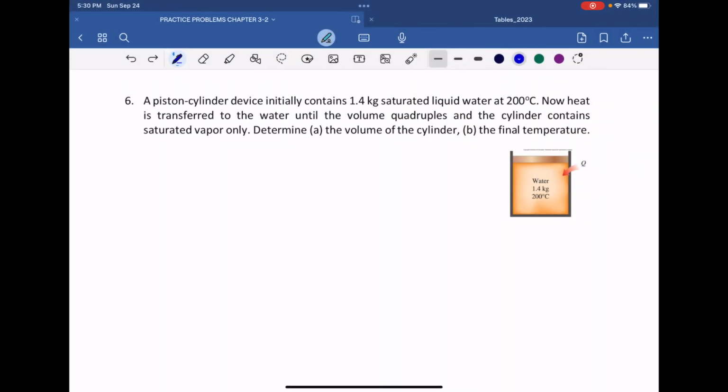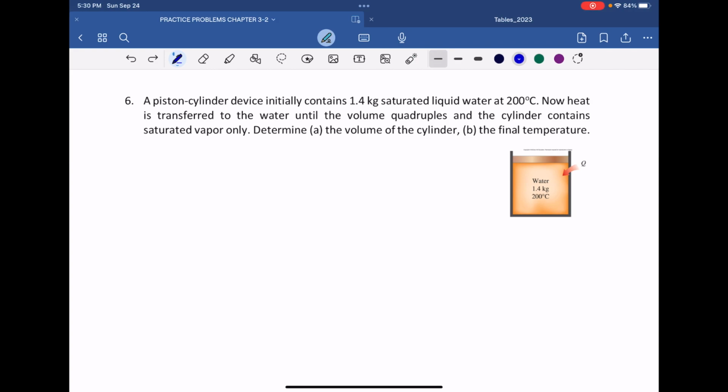Okay, so there is a piston cylinder device that contains 1.4 kilogram saturated liquid water at 200 degrees Celsius. Now the heat is transferred to the water until the volume quadruples and the cylinder contains saturated vapor only.